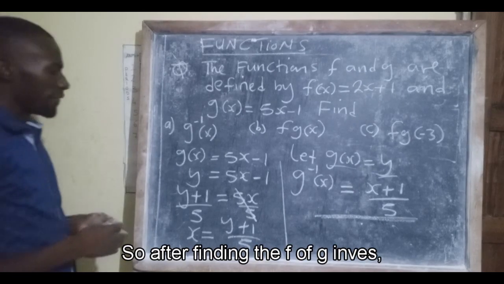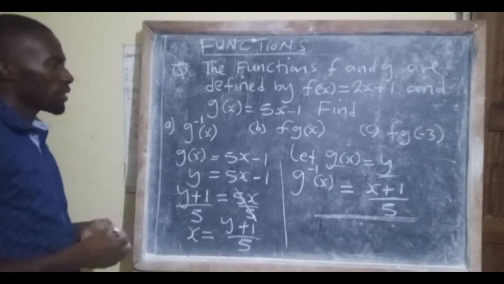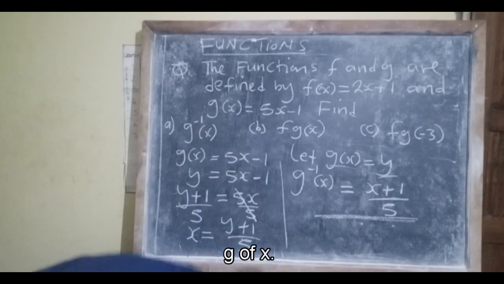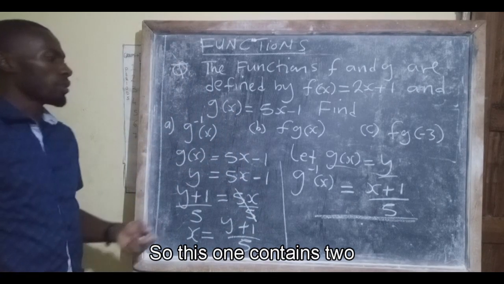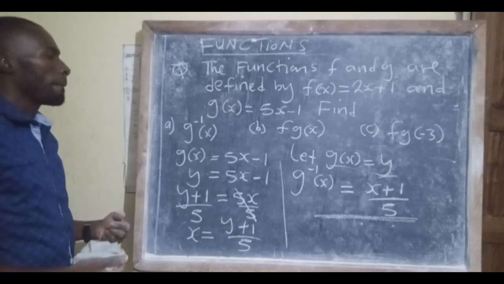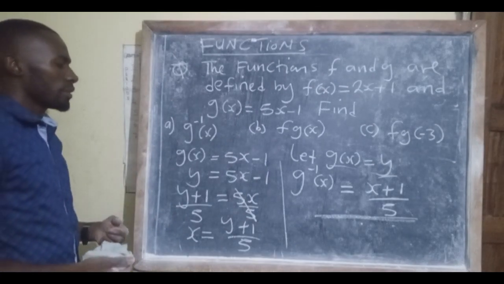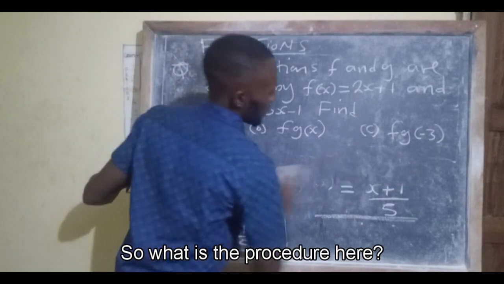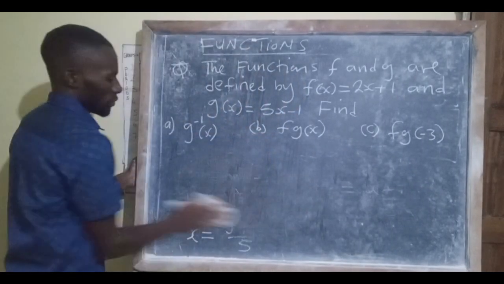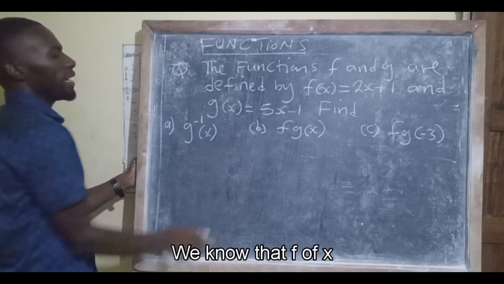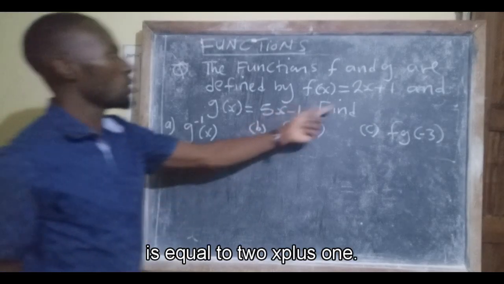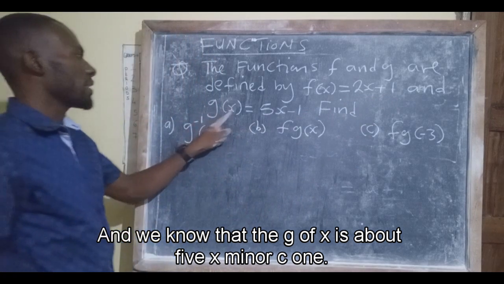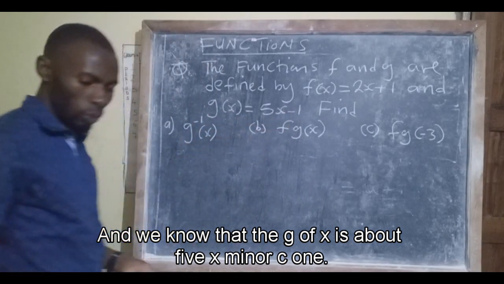So after finding the g inverse, we are now going to find the f of g of x. This one contains two functions within a function. So what is the procedure here? We know that f of x is equal to 2x plus 1, and we know that g of x is equal to 5x minus 1.